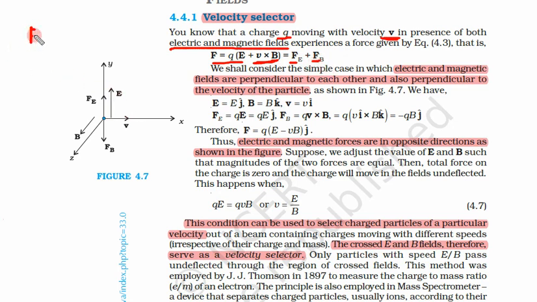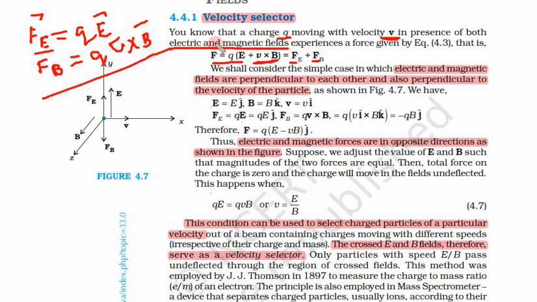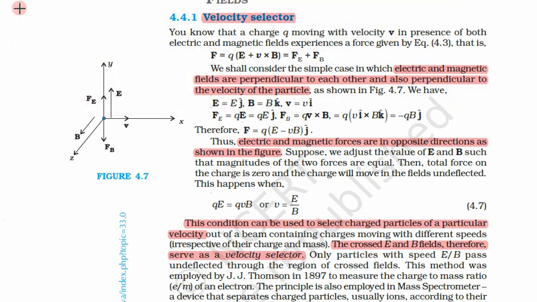Fe is qE, so this is the electric force. Now what is the magnetic force? Fb is qv cross B. So these are two types of forces. First is the electric force, second one is the magnetic force. If a particle is moving with some velocity v, this is the total force.